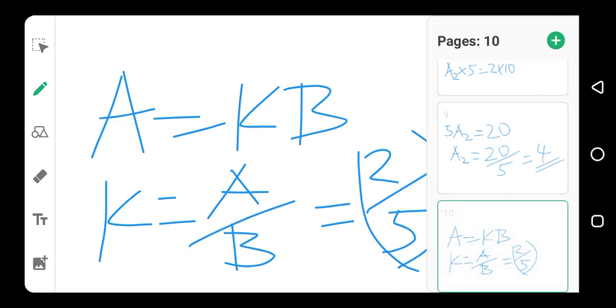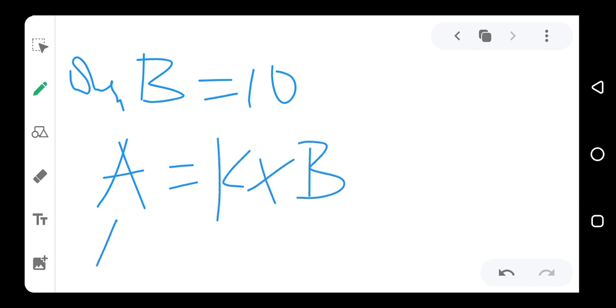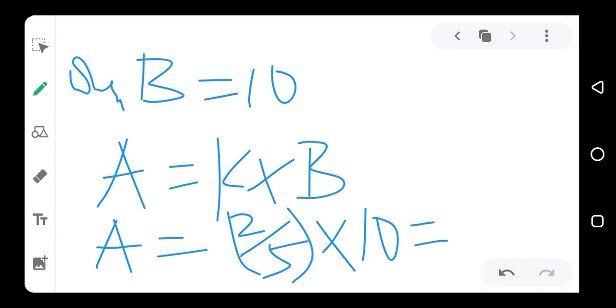Now, the next thing we are going to do is that we now say that for the second one, when B is equal to 10, then we know that the formula is that A is equal to K times B. So A is equal to 2 over 5 times 10, which is 2 over 5 times 10 over 1.